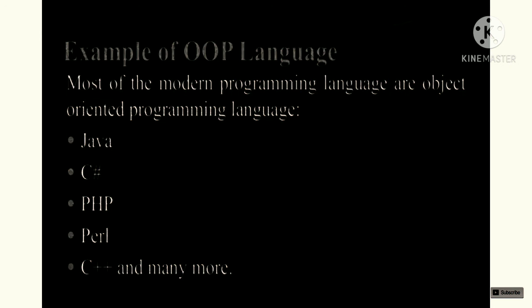There are so many programming languages like Java, C Sharp, PHP, Perl, and C++, and many others. Now as we are working on Python, Python is also a programming language, which is an object oriented programming language.